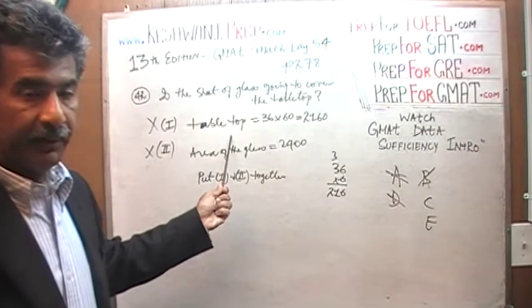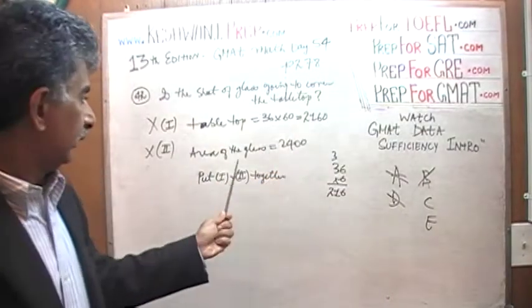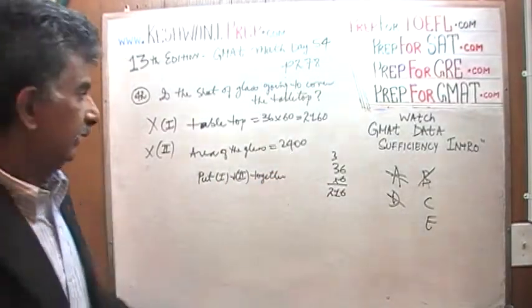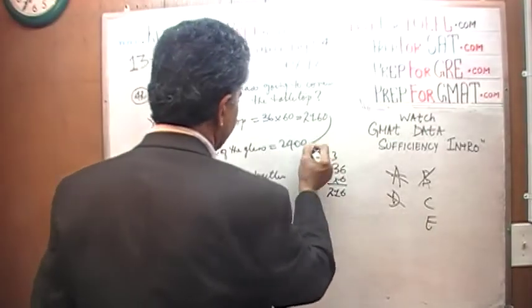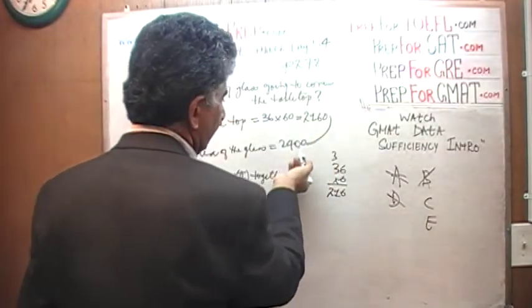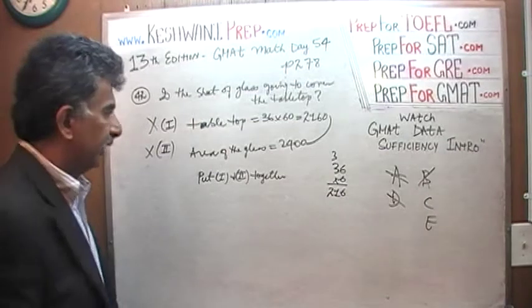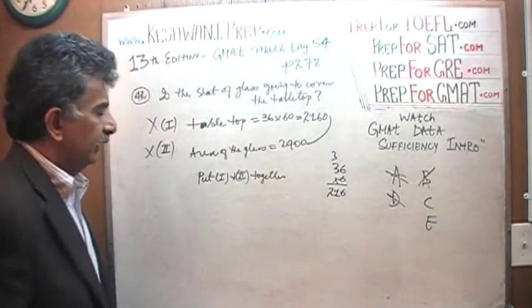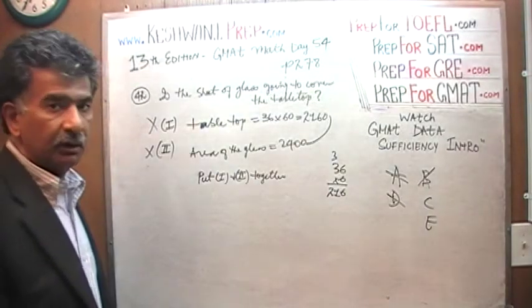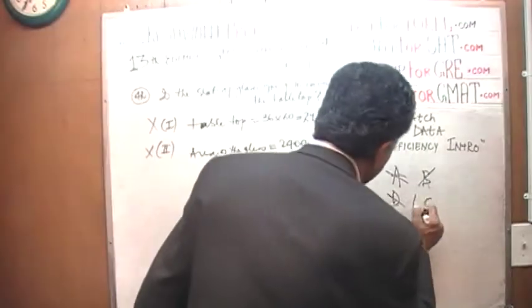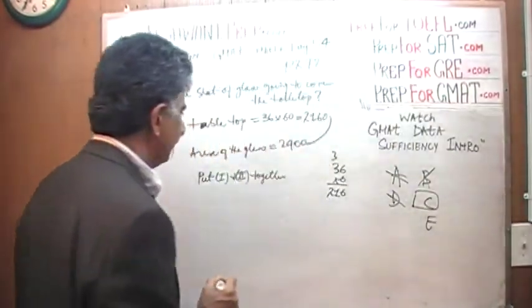The area of the tabletop is 2160, the area of the glass is 2400, and therefore since the area of the glass is more than the area of the tabletop, it should be able to cover the tabletop, and putting them together the answer comes out to be C.